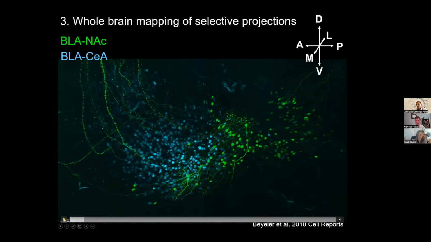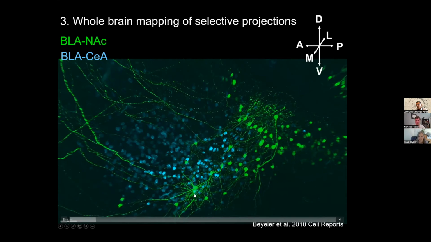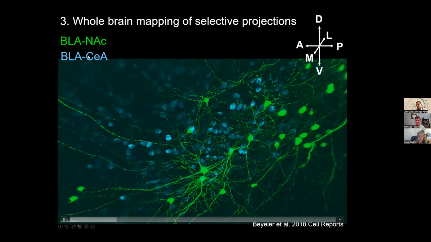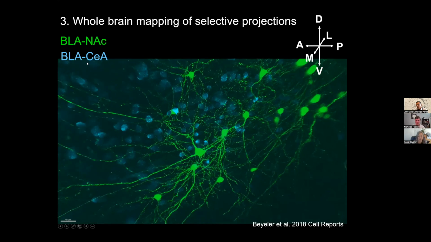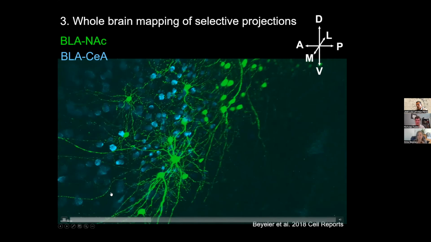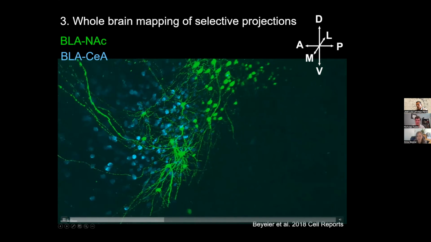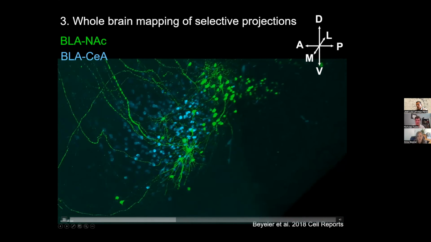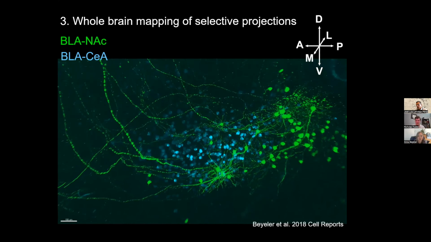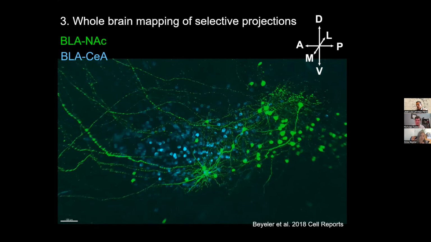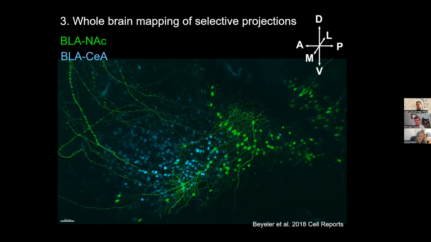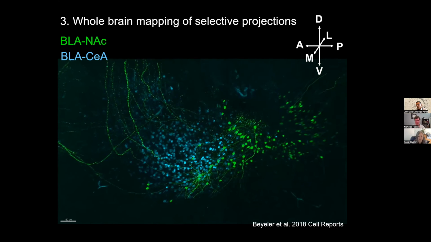So here is just a focus on the BLA, and you can see in green the neurons projecting to the nucleus accumbens, and pseudo-colored in cyan the neurons projecting to the central amygdala. As you can notice, you can really see the dense dendritic arbor of the neurons projecting to the nucleus accumbens. You can follow the axons very well. However, for the mCherry mapping, you can see nicely the cell bodies, but the expression is not as high with the Clarity approach.